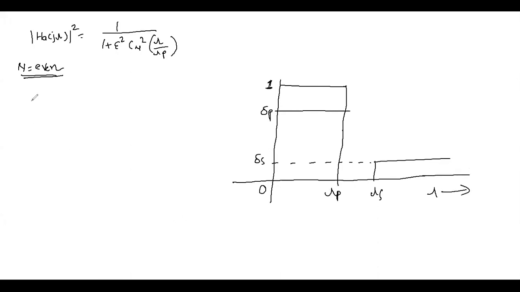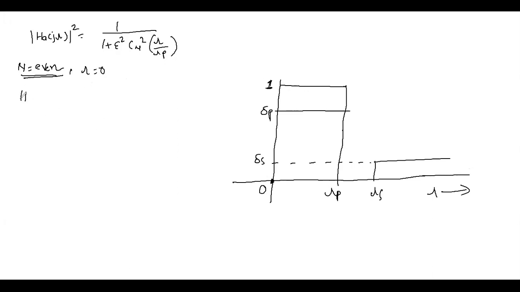Now, if n is even, and if you look exactly at the point 0, because you want to know when omega is 0, where the ripple will start. N is even, and we'll see the starting point omega equals 0.